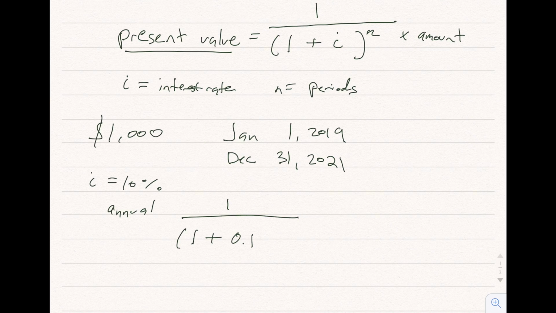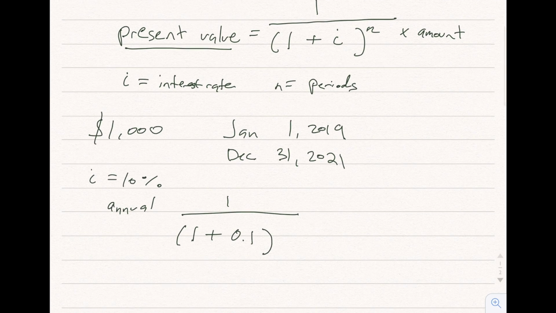Always convert it to a decimal. And you'll see in a sec why this is important. So periods, here it's 3 years. So to the power of 3. And the amount is, we said 1,000, right?